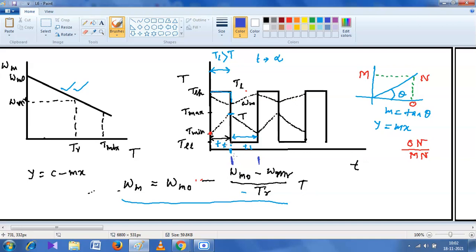यहाँ पर टाइम का वैल्यू कितना है? What is the value of the time at that point?